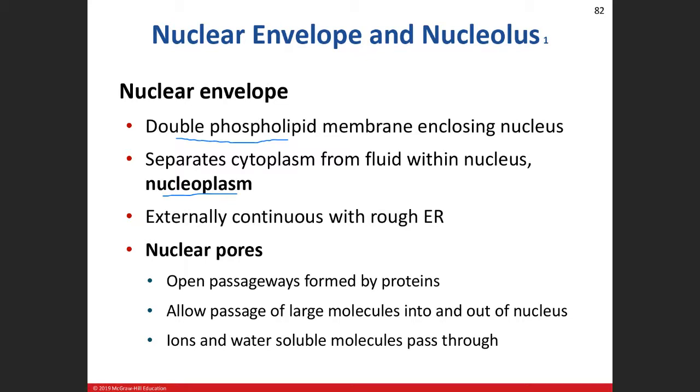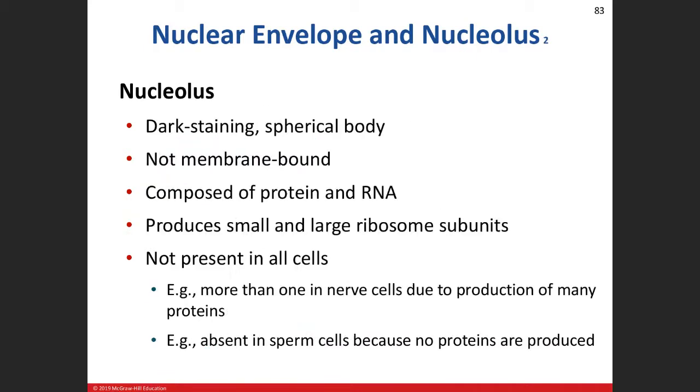So they have to be exported out of the nucleus. We have these holes there so they can pass through. But it also allows water to enter, and even some large molecules can enter. Ions are also going to enter in there. So it's important that we have these little passageways that allow things to move in and out of the nucleus.